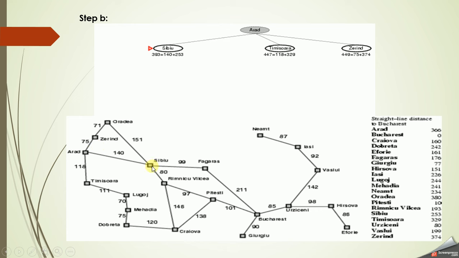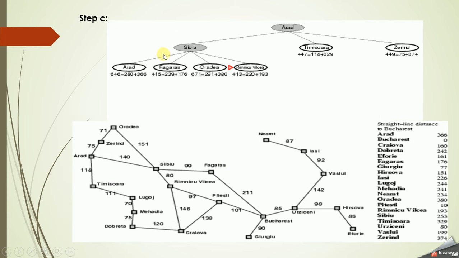So from Sibiu, what are the nodes connected? Arad, Oradea, Rimnicu Vilcea and Fagaras. These four we are going to expand again. The same way, Sibiu to Arad is 140.